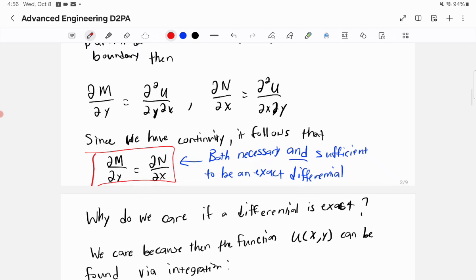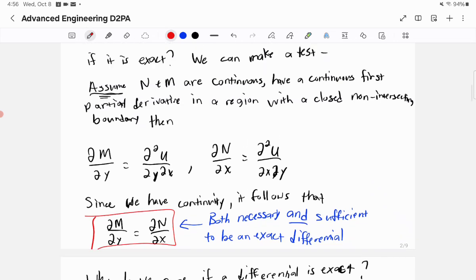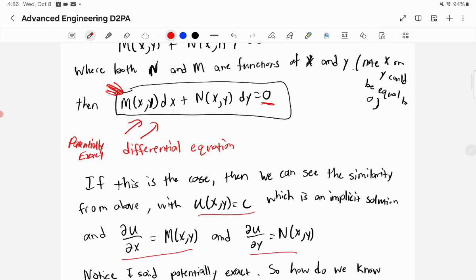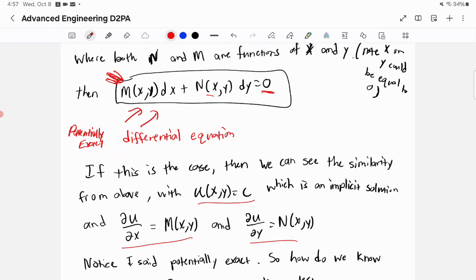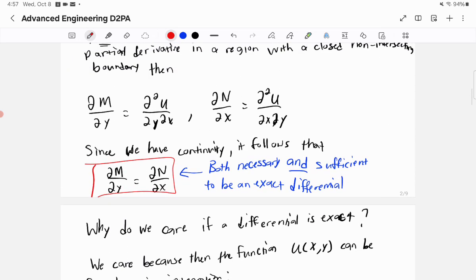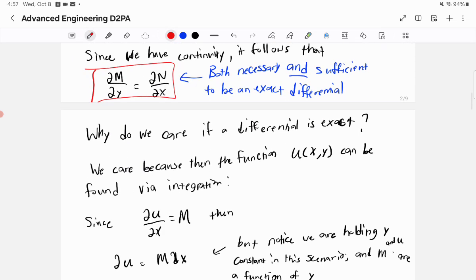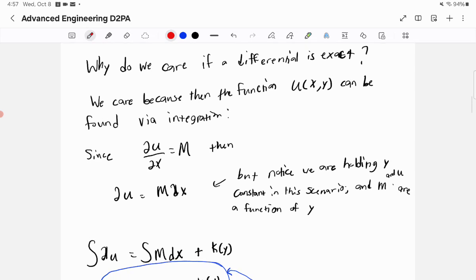And the condition ends up being that if we take this M and take the partial derivative of it with respect to y and set it equal to the partial derivative of this function N with respect to x, if that is a true equation, if they are in fact equal to each other, then we know it is an exact differential equation, excuse me, exact differential equations.